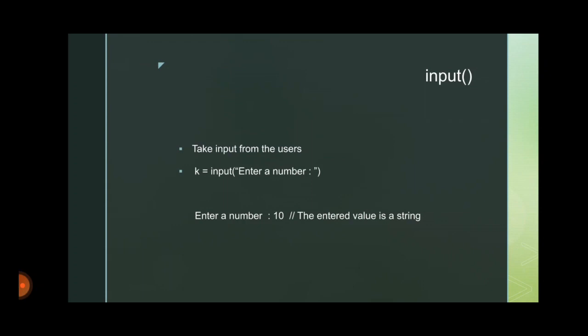The output will be enter a number. If I enter 10, it will get placed in the location k. We have to notice one thing: the entered value is a string. It is not an integer. It will be taken as a string by default.